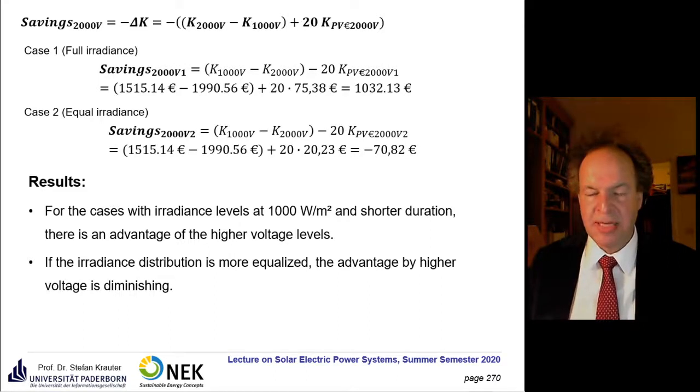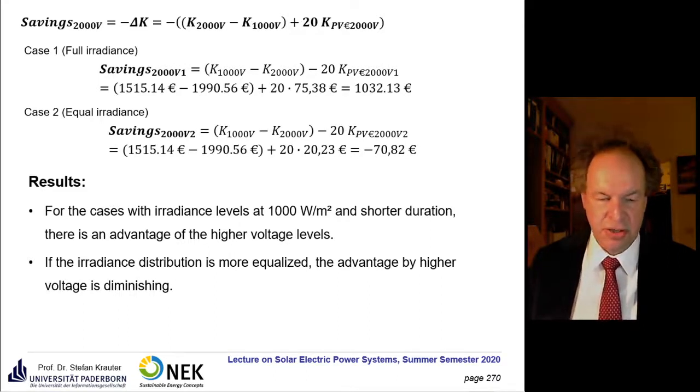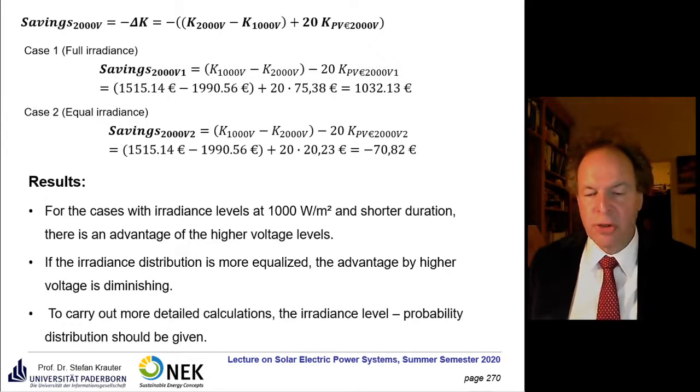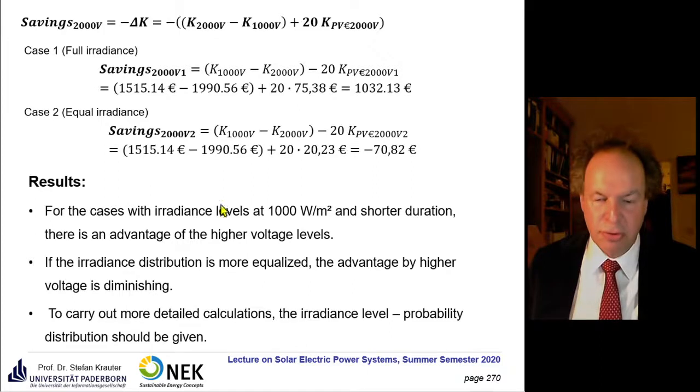It can even be negative, so we have additional costs. Therefore, in order to carry out a more detailed calculation, the irradiance level probability distribution should be given, and then we could really do more detailed calculations of how much the costs are. We just took the two extremes here in this case.